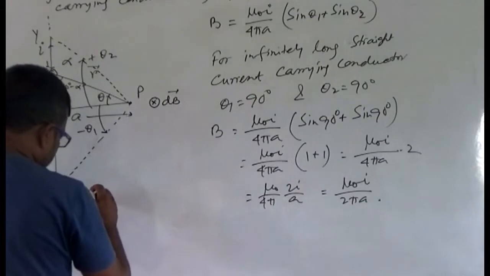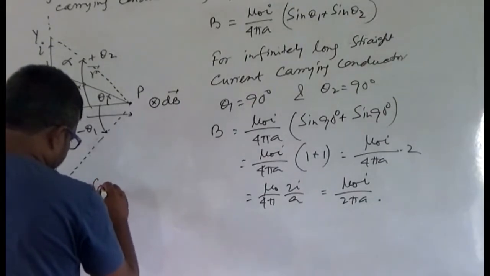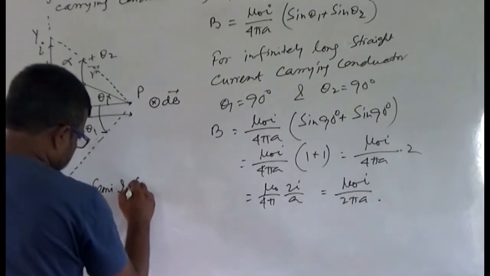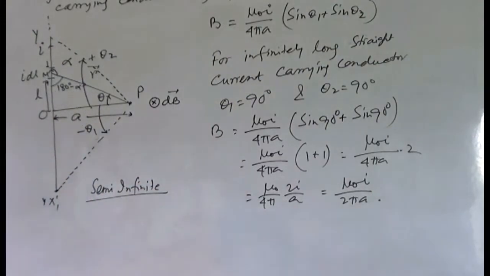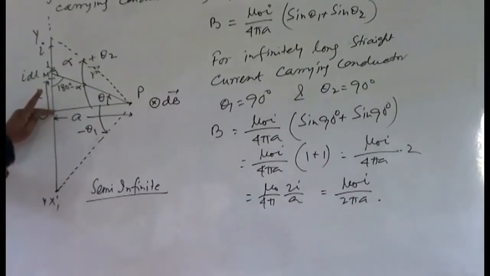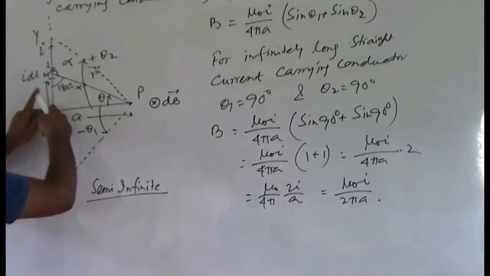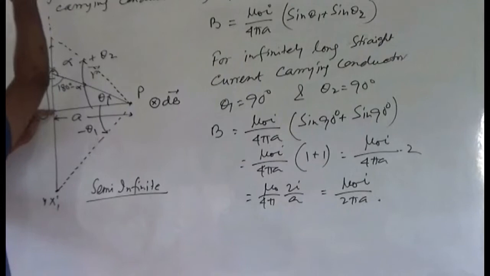Now, if the conductor is semi-infinite, semi-infinite means let us say the conductor starts here and extends up to infinity in the lower direction, or starting here the conductor extends up to infinity in the upper direction.